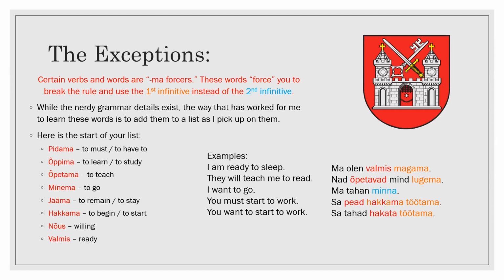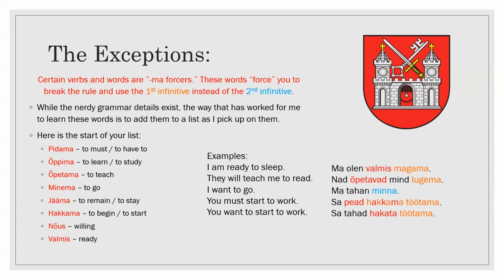The next sentence here: you must start to work. Now we have three verbs in this sentence. The first verb, must, we conjugate to the pronoun you: "sa pead", and that's our "pidama" over there on our list on the left. That we know is going to force the next verb into the MA infinitive. So start would be "hakkama".